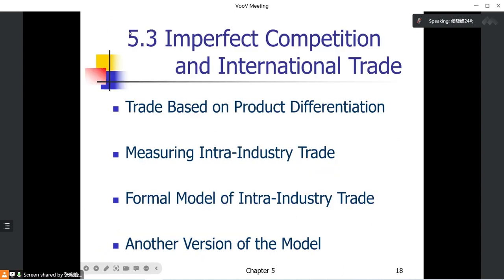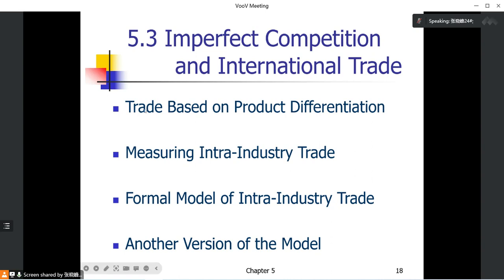The imperfect competition and international trade. Actually, in our daily life, the imperfect competition is a very common market structure. What are the relations between the imperfect competition and international trade?